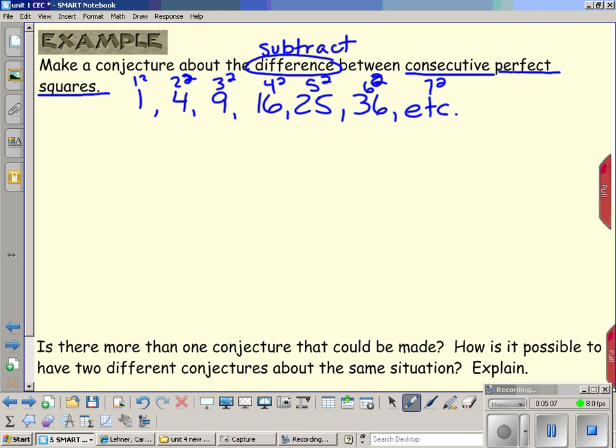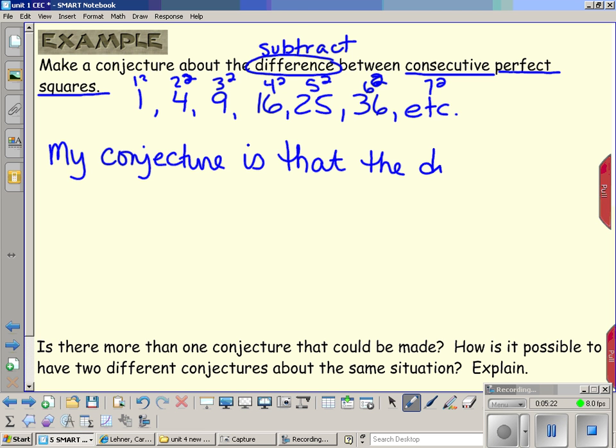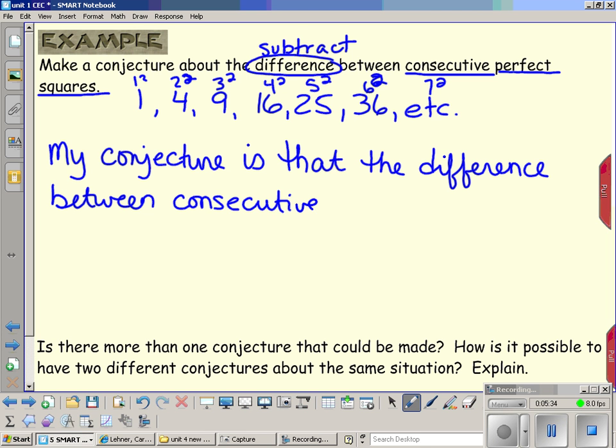So maybe you're sitting there looking at this and you go, my conjecture is that the difference between consecutive perfect squares is always a prime number.